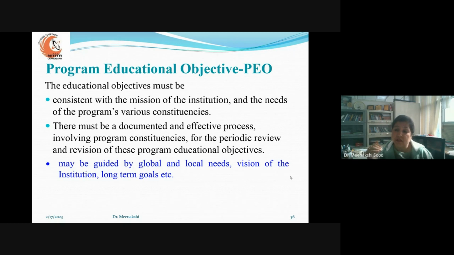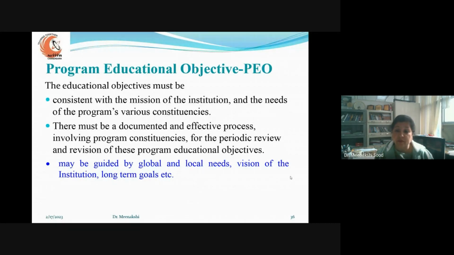Then only you can modify them, and there is a very particular process for doing so. It is not that you just sit and revise or review the program educational objectives. A proper committee has to be formed involving all the stakeholders, and documentation has to be done with very concrete evidence of why we are modifying them.